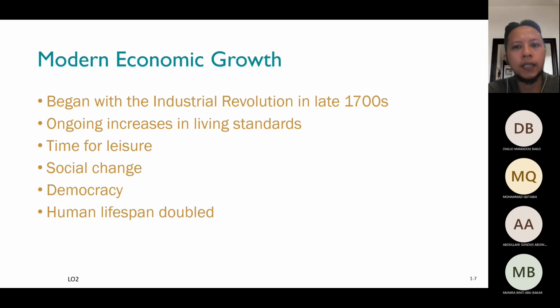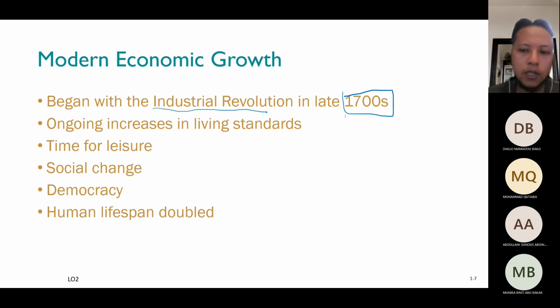So when we look at the modern economic growth in terms of how we calculate GDP, okay, how we evolved in terms of the society, and eventually settled down to calculating GDP or growth as it is right now. Okay, so basically, the modern economic system started in the 1700s after the Industrial Revolution.